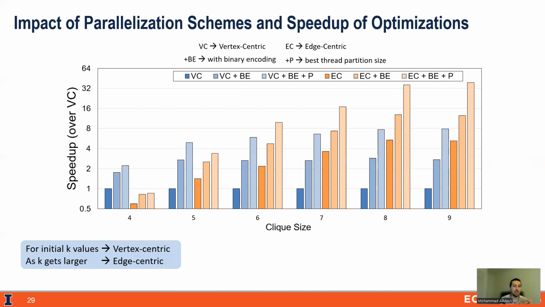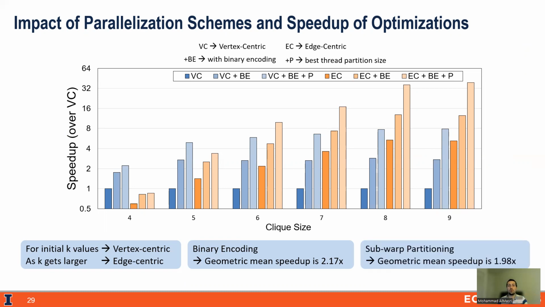And as K gets larger, we get better load balancing, and we move to the edge-centric. Binary encoding in general will give you a 2x speedup, for all the K values that we show in this figure. Subword partitioning also will give you an additional 2x improvement in general.